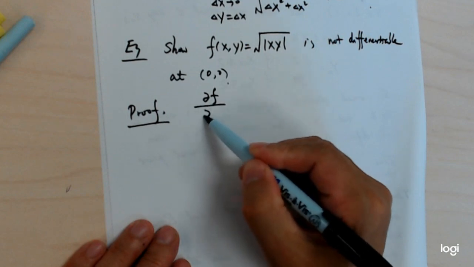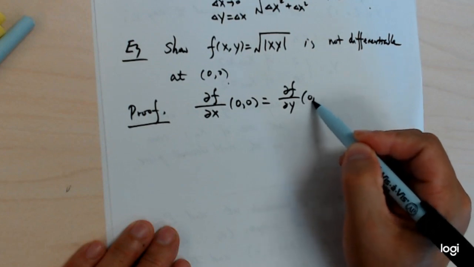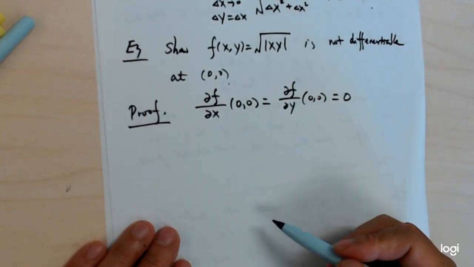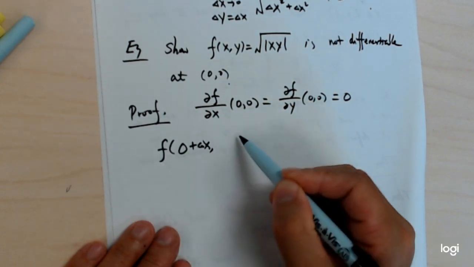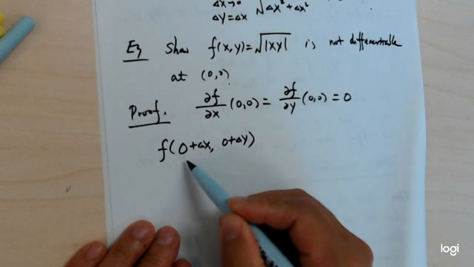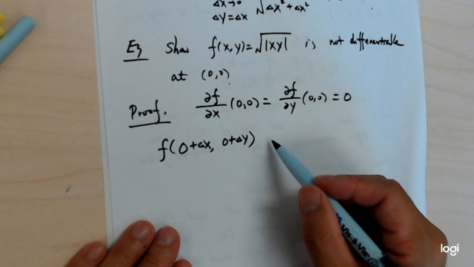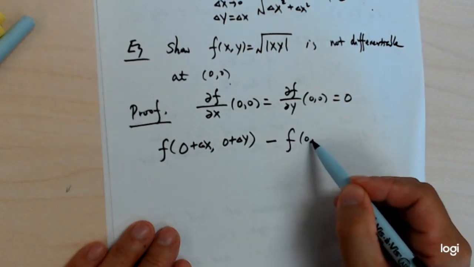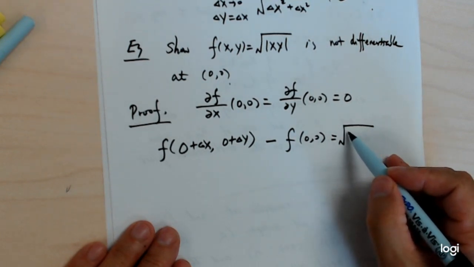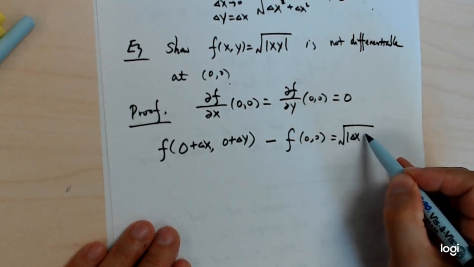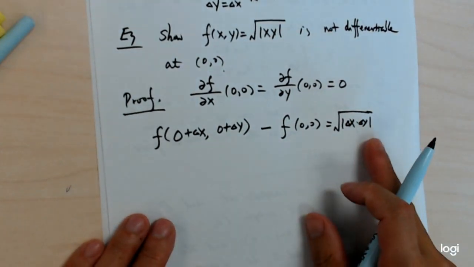Once again, you need to be able to calculate the partial derivatives at the origin, and you can show these are 0. Now let's calculate the error at the origin. I'm given an x value and y value with a little change, delta x and delta y, minus the function's value at 0, 0. So this is really delta x times delta y, absolute value, to the power 1/2. That's the actual error.